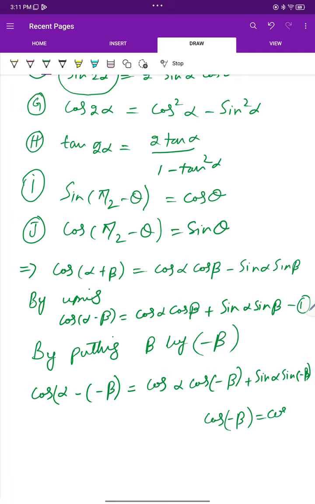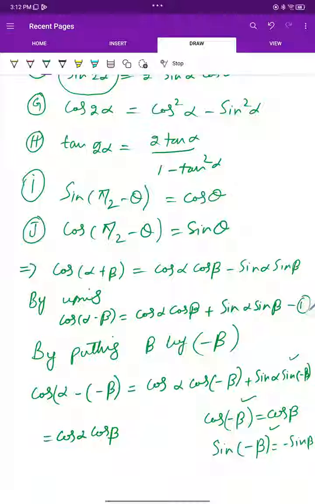There is another proof which you can check, that cos minus beta is equal to cos beta, and sine minus beta is equal to minus sine beta. So this is already proved. So cos minus beta is equal to cos beta, and sine minus beta is equal to minus sine beta.